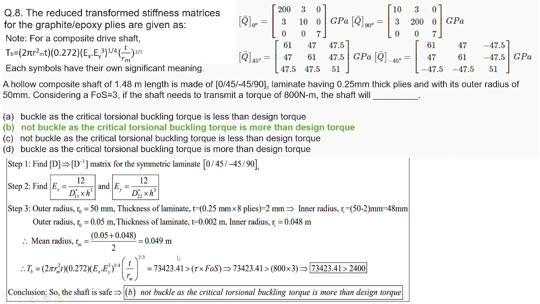So whatever value of T_B we get by putting in all the values, it should be more than 3 times 800 Newton meter. After calculating here, we can see that it is more than 3 times 800, which concludes that this shaft is safe and exceeds the factor of safety. Hence, there will be no buckling. So the option will be not buckle, as the critical torsional buckling torque is more than the design torque.